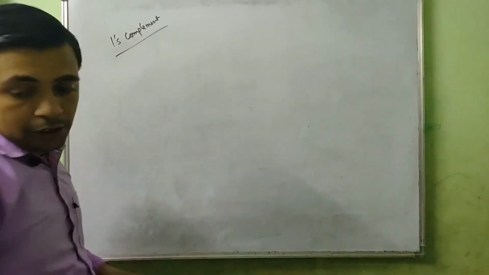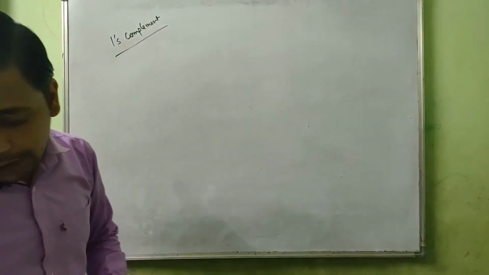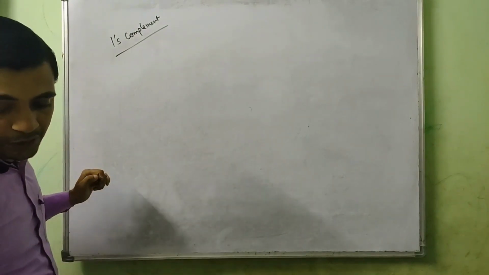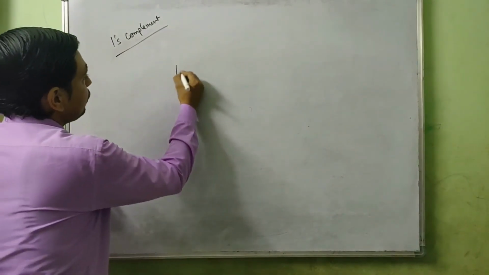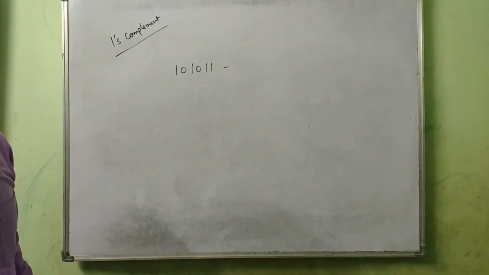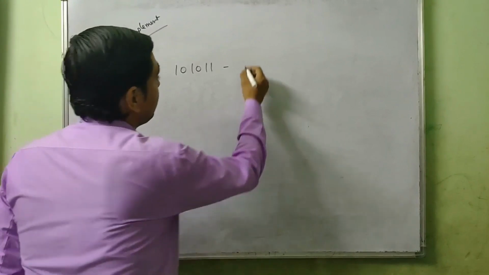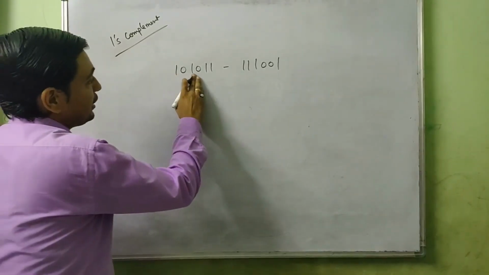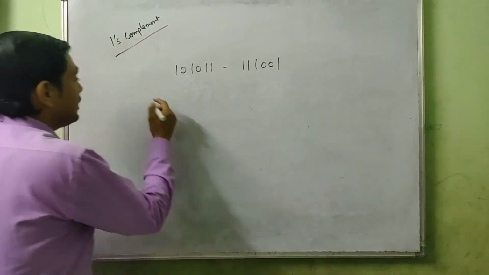Now, the second subtraction number is 101011 minus 111001. So number of digits, 6 and 6, is already the same.